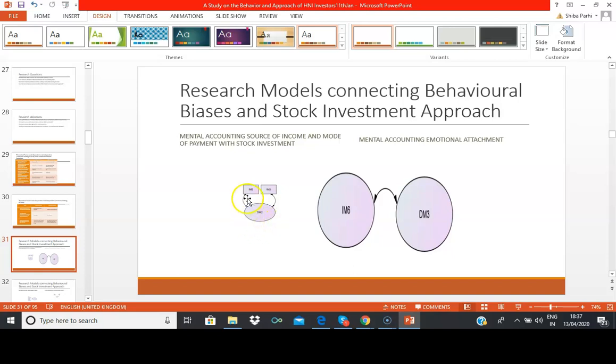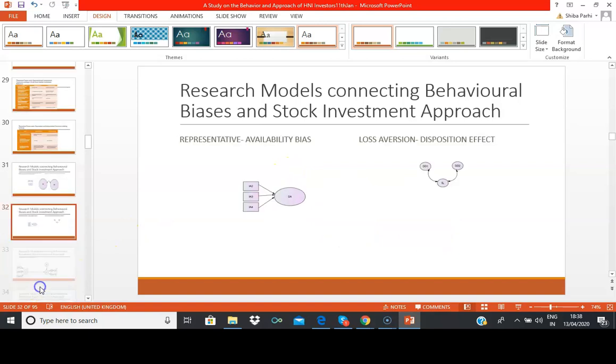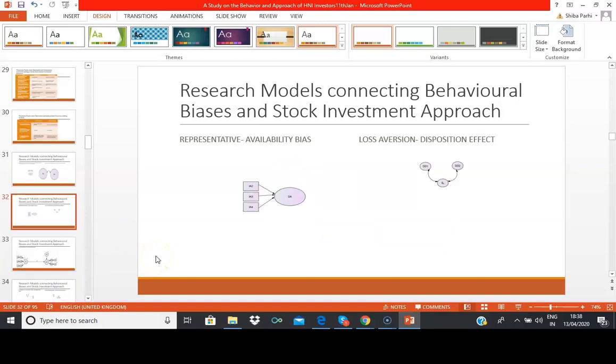Here, the researcher is trying to find out the association between two. If you see the heading, mental accounting emotional attachment, this is about mental accounting on the basis of source of income and the mode of payment with the stock investment. So let's see some other model. Here we can see there are three independent variables.